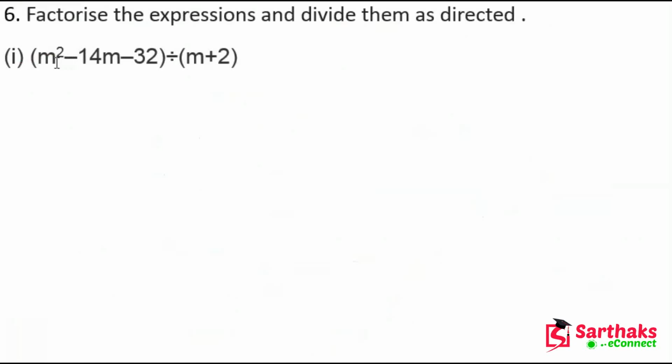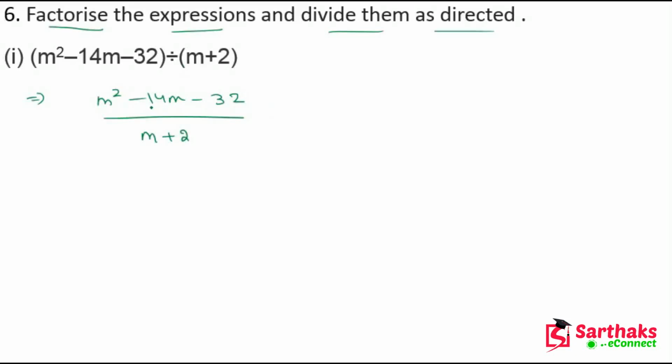Yes, so now the next question. Now again factorize the expressions and divide them as directed. Okay, so here we have m square minus 14m minus 32, and it is divided by m plus 2. Now again we have to find the factors of this expression. So similarly we can easily find the factors.